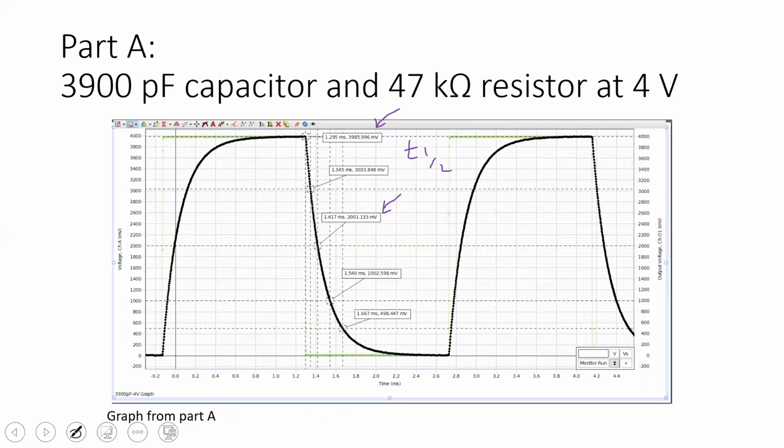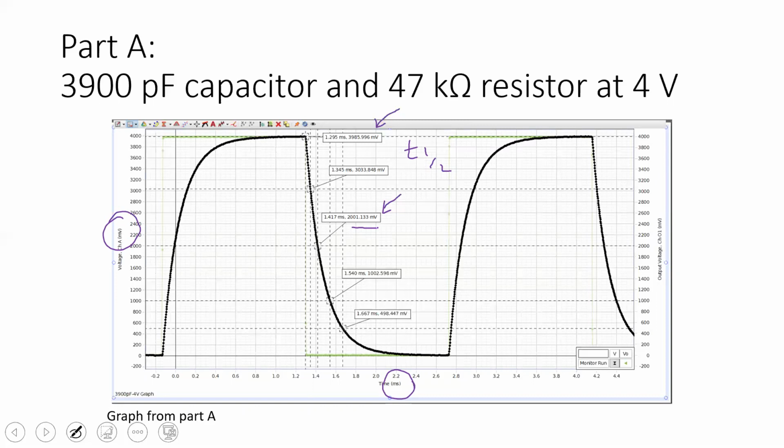Now you can see here in this graph, I've switched my measurements to millivolts and milliseconds. The reason I did that was to give myself more significant figures, right? I have way more decimal places to work with. I have a little more precision. But you can also see I'm not exactly at 2 volts. I'm at 2001 and some change millivolts.